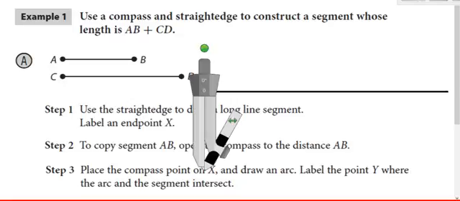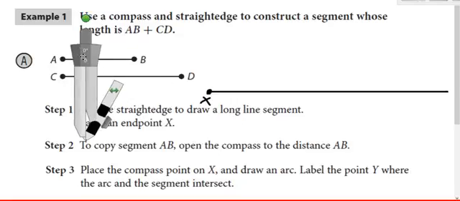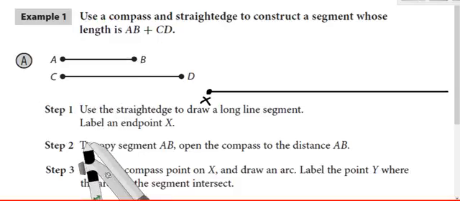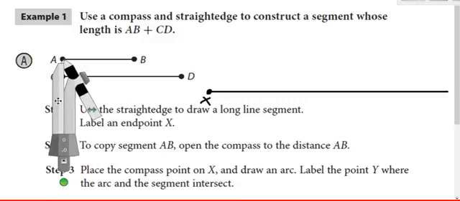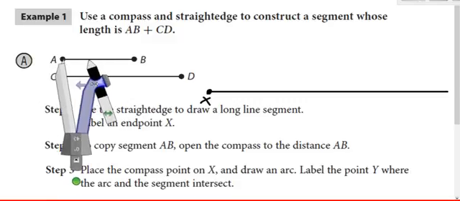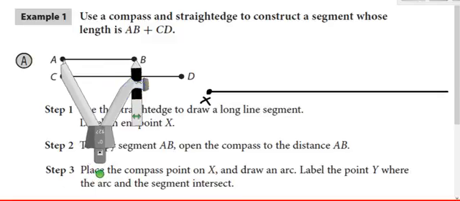And then to copy a segment onto there, you will put the point of your compass on A, and then stretch it so that the pencil reaches over to B. And then you can pick up that compass and it'll save that distance as long as you don't bump it.